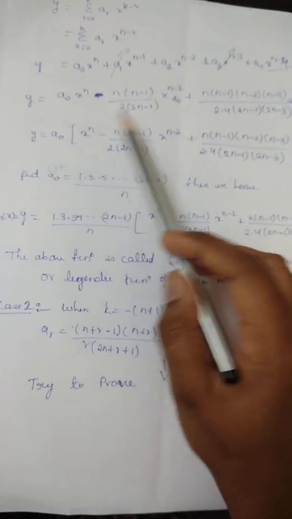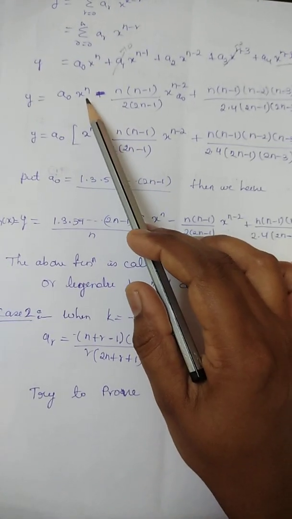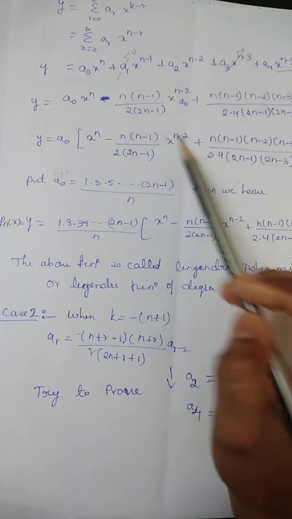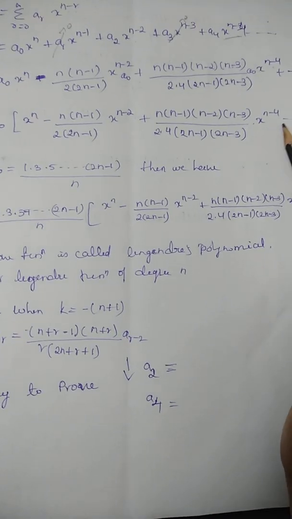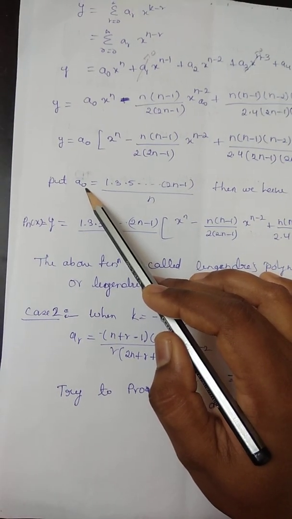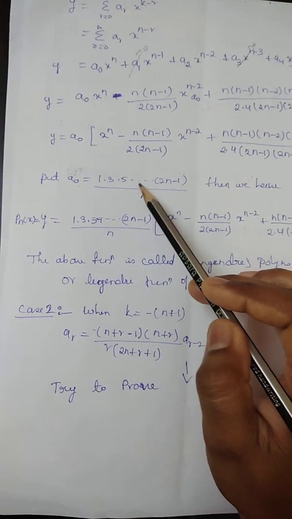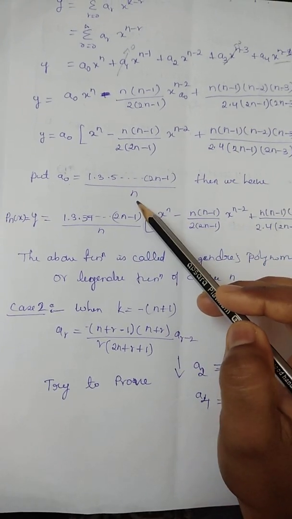Now from this all we can take a0 common. Remaining terms let us write x raised to n, and so on. Let us assign value for this a0, 1 into 3 into 5 and so on up to 2n minus 1 upon n.